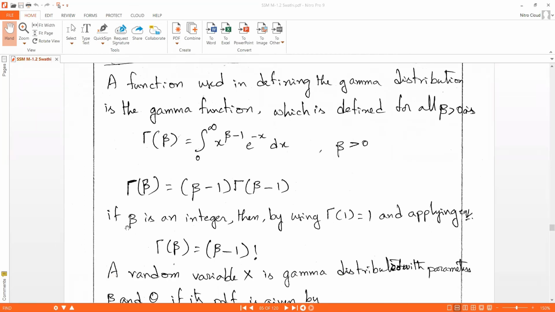If beta is an integer, then by using tau of 1 is equal to 1 and applying the equation, tau of beta is equal to beta minus 1 factorial.